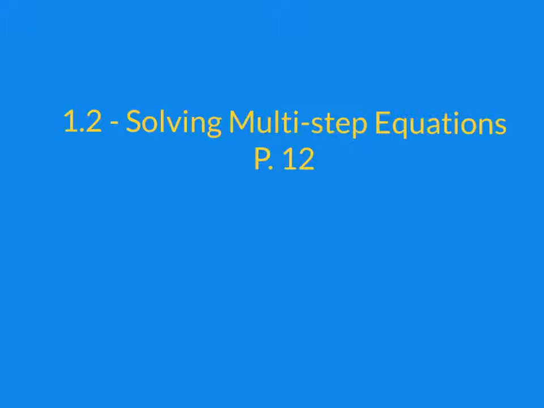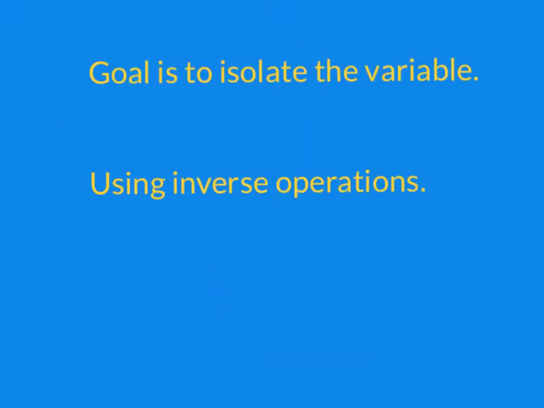The height of a tree after x amount of years is 1.5x plus 15. After how many years is the tree 24 feet tall? Alright, not too bad. What we're looking for real quick, our goal when we're solving these equations is to isolate the variable.